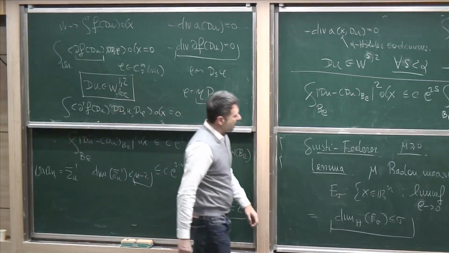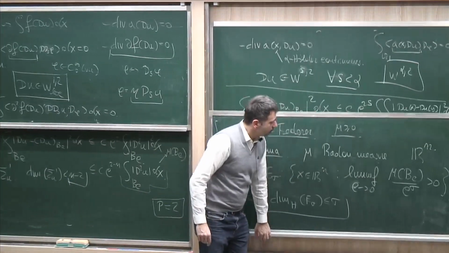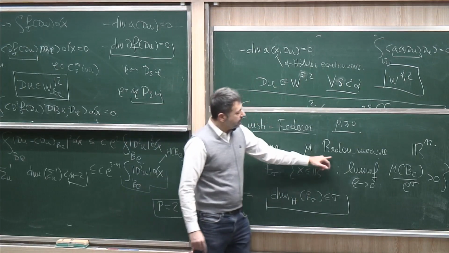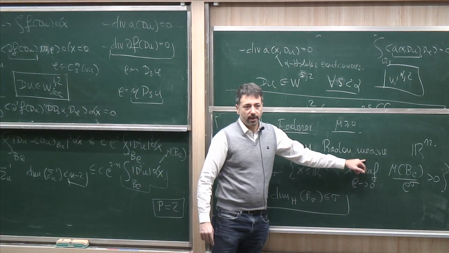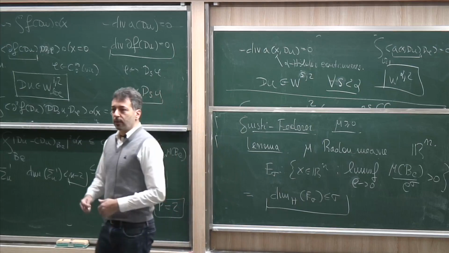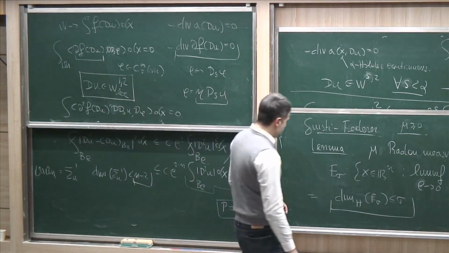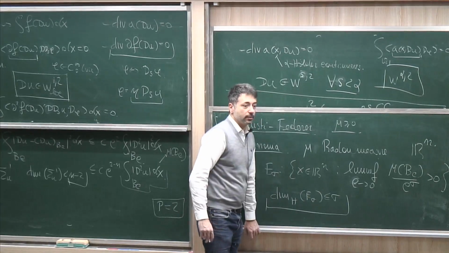Now, the next observation is that if you look at the proof of this lemma, you see that you don't need that this is a Radon measure, but this is something which is well defined on all Borel sets, and just satisfies the following superadditivity condition.